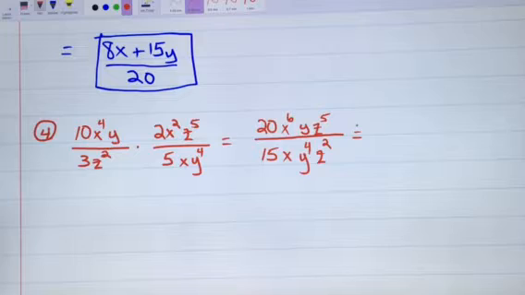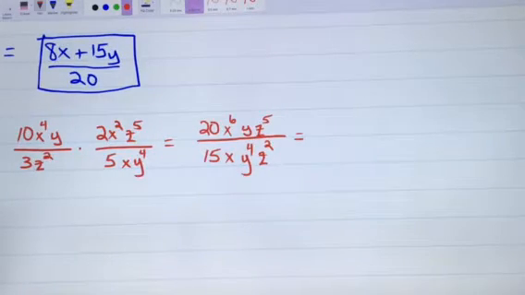Now, in the case of reducing, for 20 and 15, the greatest common factor is going to be 5. And for x, you have x to the 6 minus 1, so x to the first will go out.